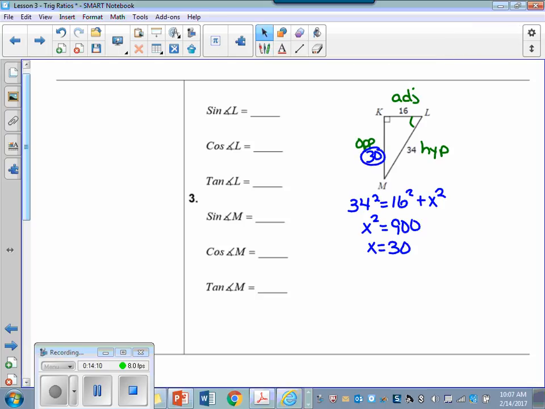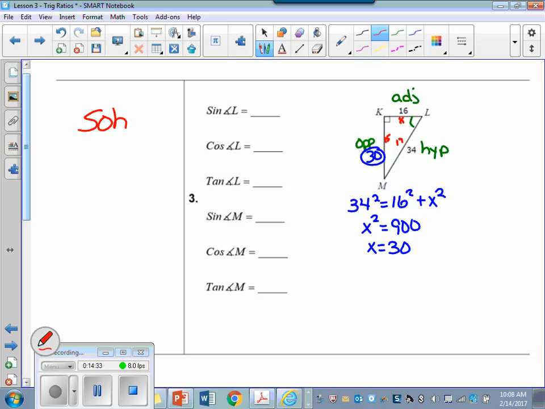Let's go back. Is this a triple that we learned? If we divide by 2, we get 8, 17, and 15. Yeah, 8, 15, and 17 is one of the triples we learned. Going back and making sure you remember from Unit 1. So sine, opposite over hypotenuse, that's going to be 30 over 34, which simplifies to 15/17.